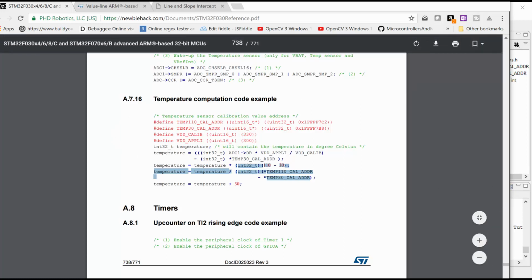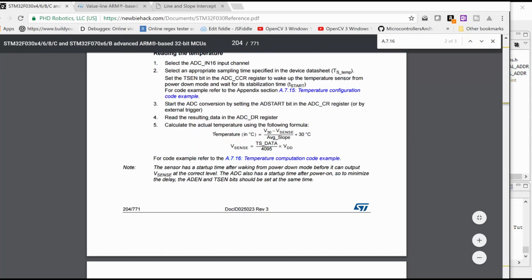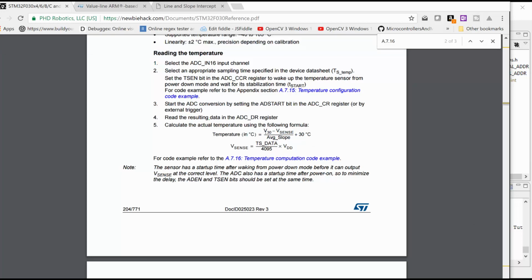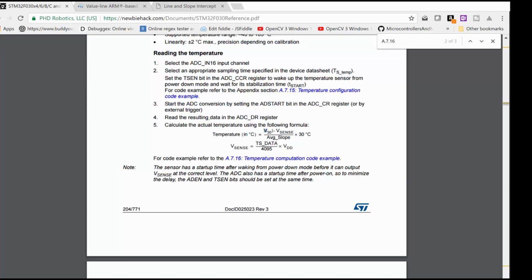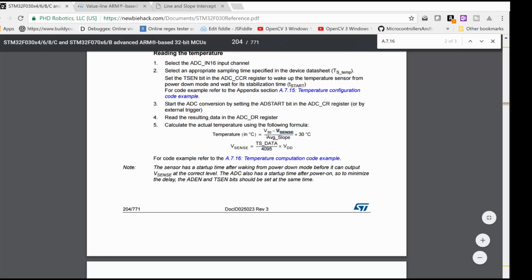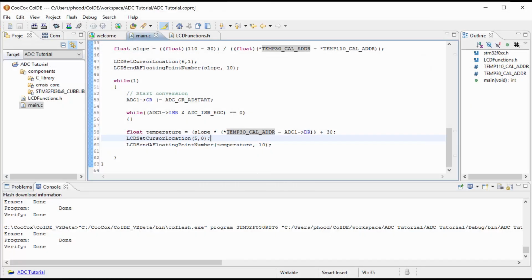And also looking at this formula here, still doesn't seem correct, because you can see that they're dividing the vsense, which is really the data. I'm not sure where this 4095 comes into play, but the vsense, let's just say that's the data there, that looks correct according to what we're doing here.